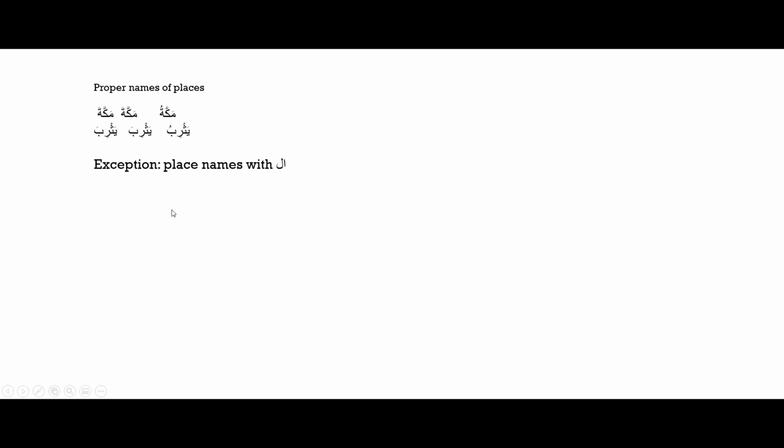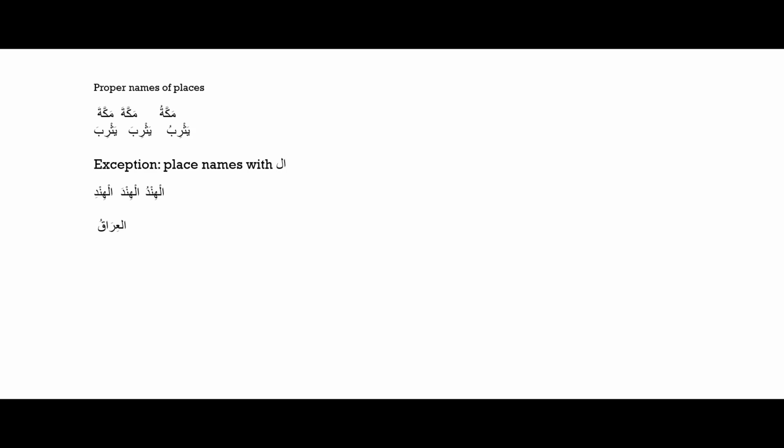Okay, proper names of places. Names of places will be partly flexible. Makkatu, Makkata, Makkata. Yathribu, Yathriba, and Yathriba. We have two exceptions here. Some names of places are with alif lam, which is part of the spelling of that place.